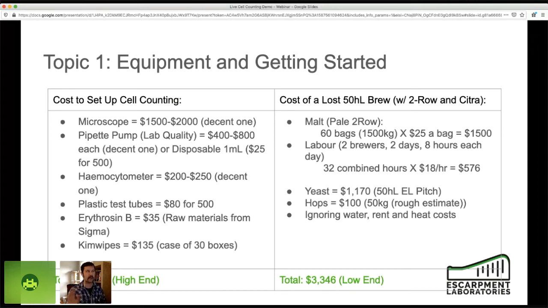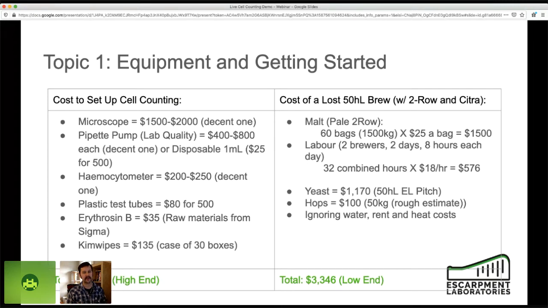We are trying to work on putting together something for people to just buy pre-made erythrosin B. And then Kimwipes, which is $135 for 30 boxes. You can buy these on Amazon, but buying them on Amazon will come with a markup. So you could buy 1 or 2 boxes, but they will be drastically higher than the cost of 135 divided by 30. So the total on the high end for a pretty nice setup is $3,300.